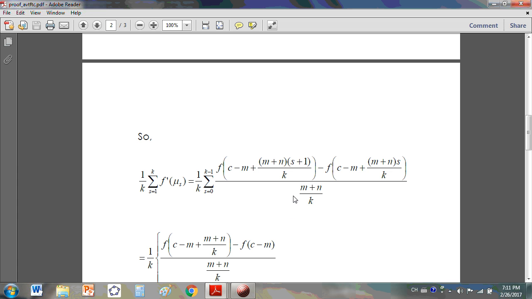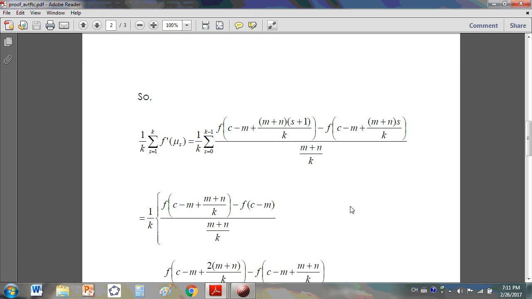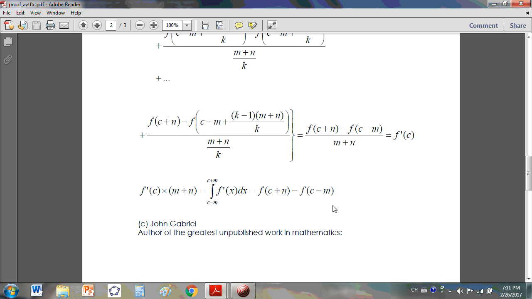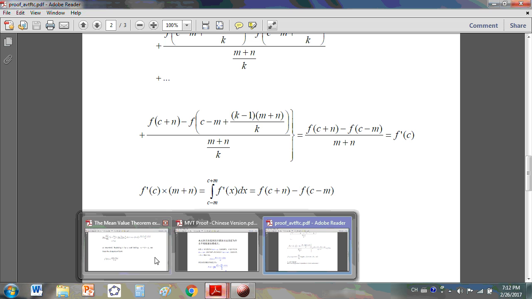All of this is sound, rigorous, and we arrive at the same result without any ill-formed concepts such as infinity and infinitesimals and the theory of limits, which requires that real numbers exist. So these are the two different proofs.